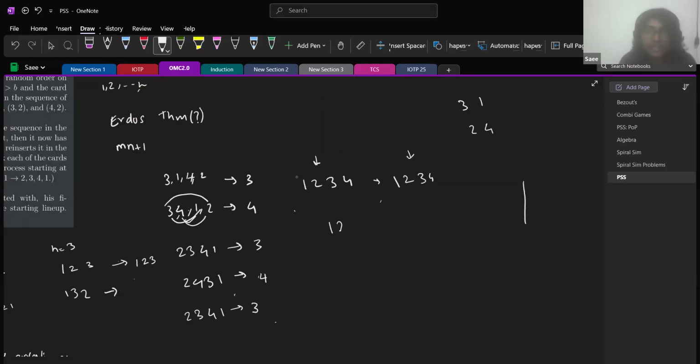Hmm. Okay, interesting idea. The first you're swapping 1, then you're swapping 2, then you're swapping 3, and then you're swapping 4. Interesting.